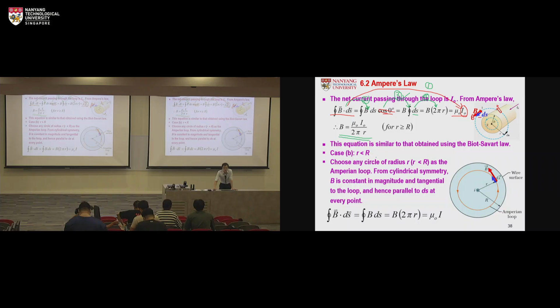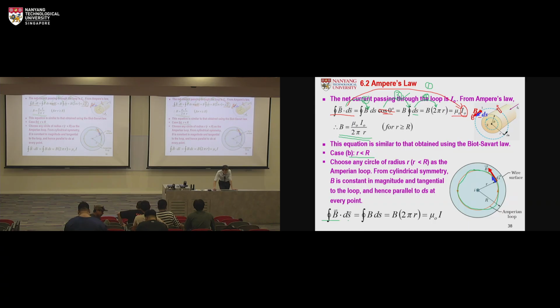And for the other scenario, if it's inside the wire, the way we do it is similar. If you need to figure out B inside the wire, then of course you will need to construct this Ampere's loop also inside the wire.